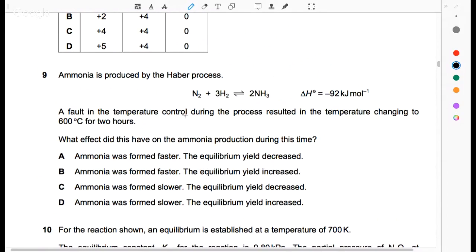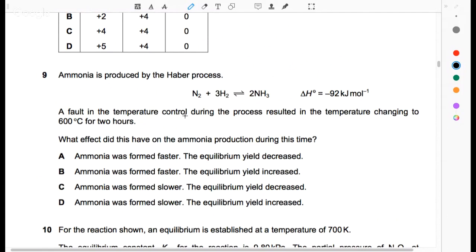The temperature is changing to a higher temperature. So is it a decrease or an increase? There's an increase in temperature. The original temperature was 500, so there is an increase in temperature. So what happens? The yield of ammonia decreases.